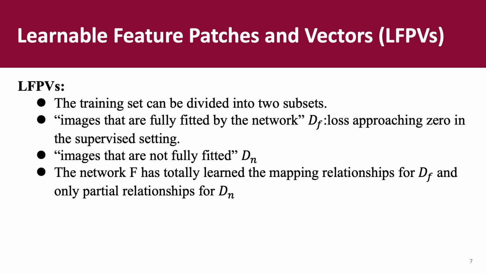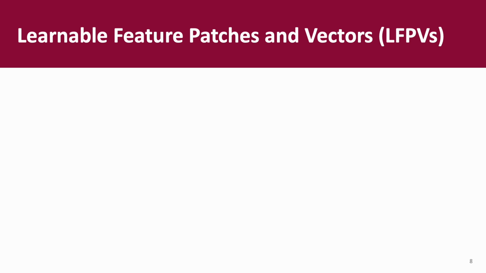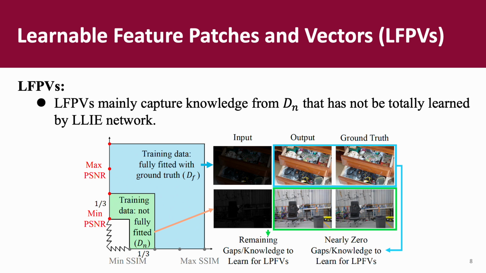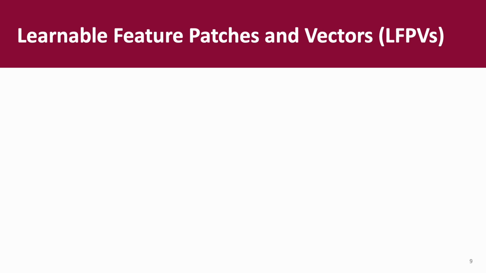The low-light enhancement network F can learn totally from DF, while only partially from DN. This can be shown via this figure. LFPVs can be designed to learn the knowledge in DN, and we set them as sets of feature patches and vectors for efficiency. The network can query LFPVs to get the prior knowledge of DN to obtain better results.